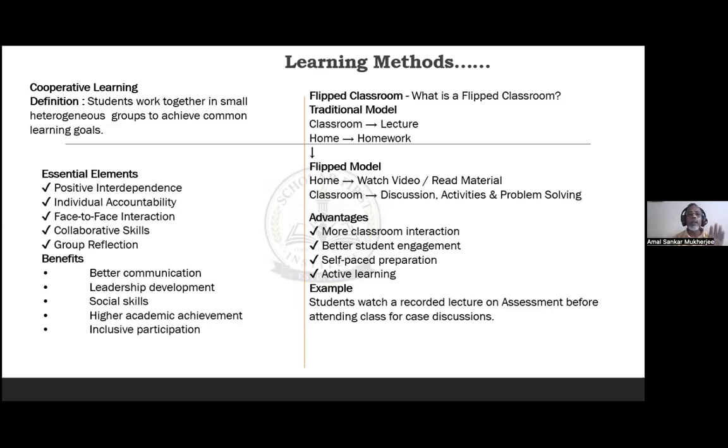So these are the essential elements. What are the benefits that we get from cooperative learning? Better communication, leadership development, social skills, higher academic achievement, as well as inclusive participation.